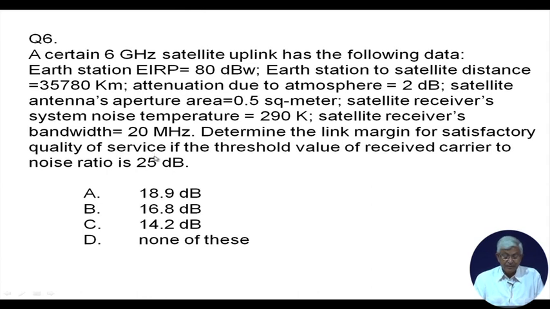That means, what is being asked is to first find out the received uplink C by N, and then from 25 dB how much more it is. To get this C by N value, you need EIRP and then the losses, and then the receiver bandwidth, KTB, noise, etc. Let us see how we proceed.